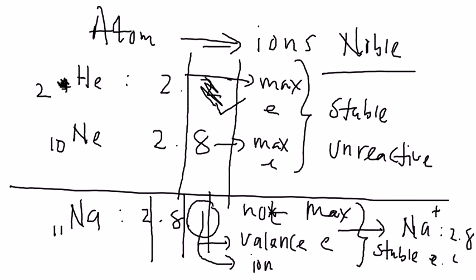Another example I can give you is oxygen. Oxygen has 8 protons. Therefore, the electronic structure is 2, 6, and it has a tendency to form a stable electronic structure like noble gas, 2, 8.